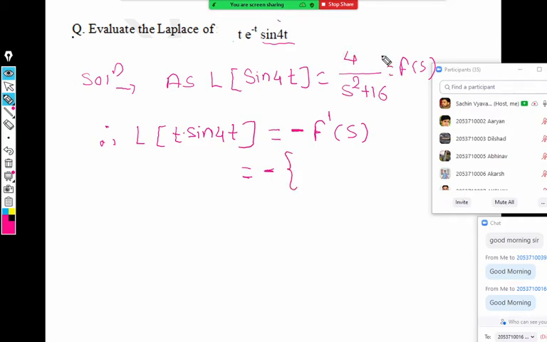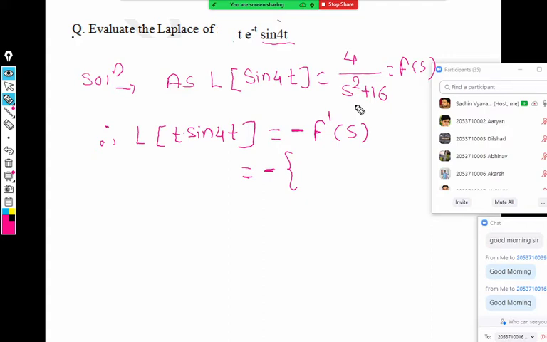Can anyone tell me the derivative of this F(s)? Are you integrating or differentiating? Yes, derivative. It's not so difficult. No one is able to differentiate this F(s)? Again, a silly mistake.